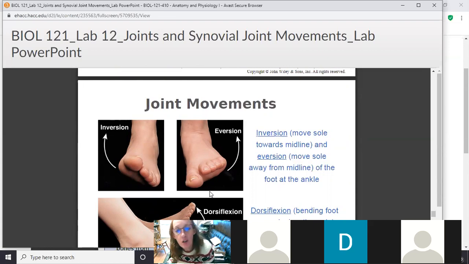Inversion, bringing your foot into the midline. Eversion, bringing it out, away from the midline.